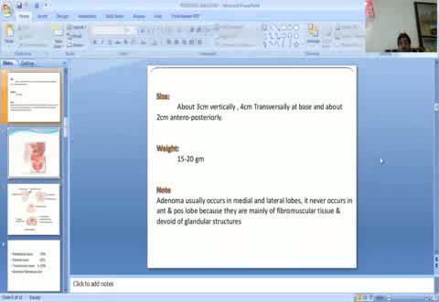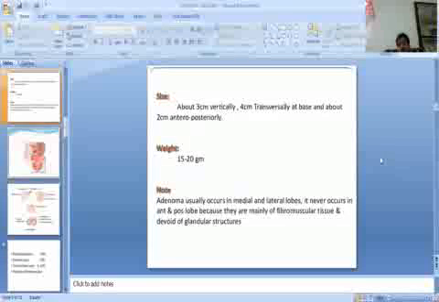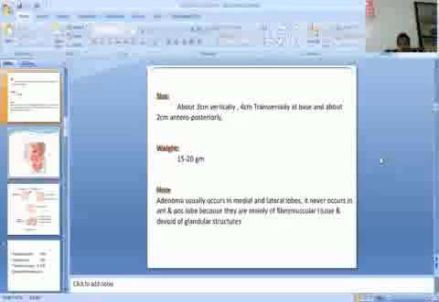Size: about 3 centimeters vertically, 4 centimeters transversely at the base, and about 2 centimeters anteroposteriorly.